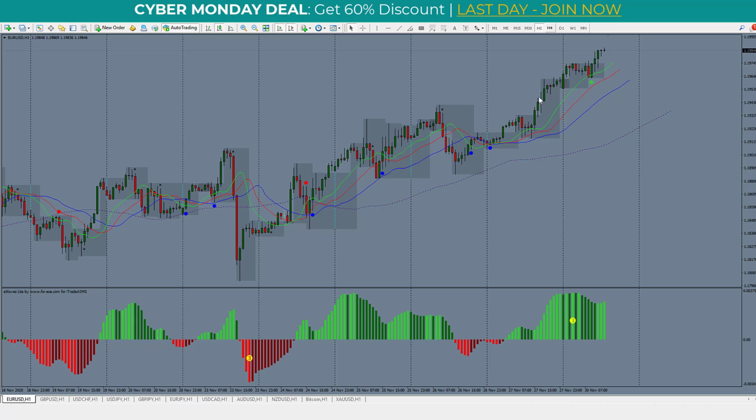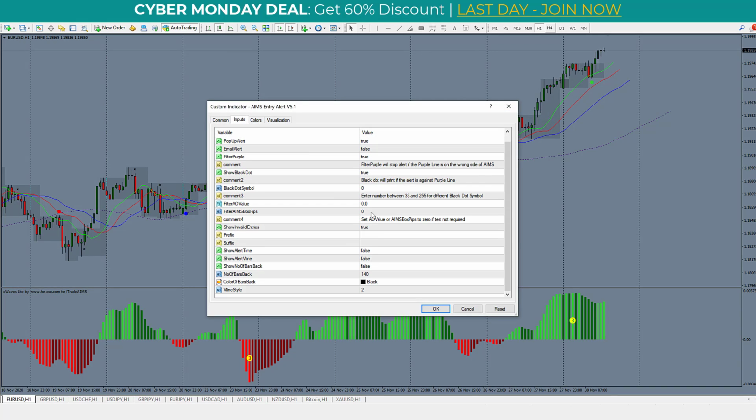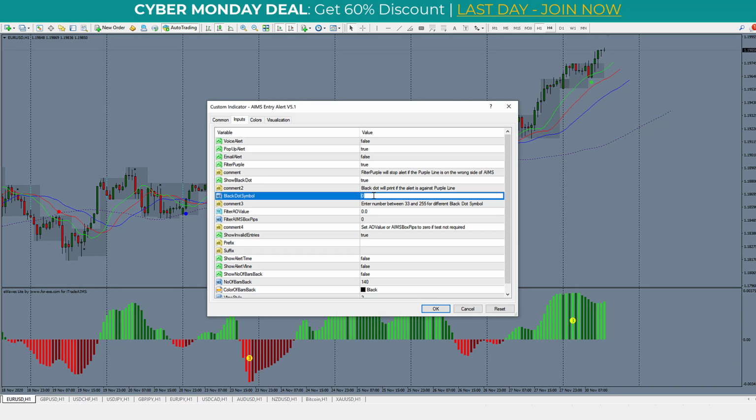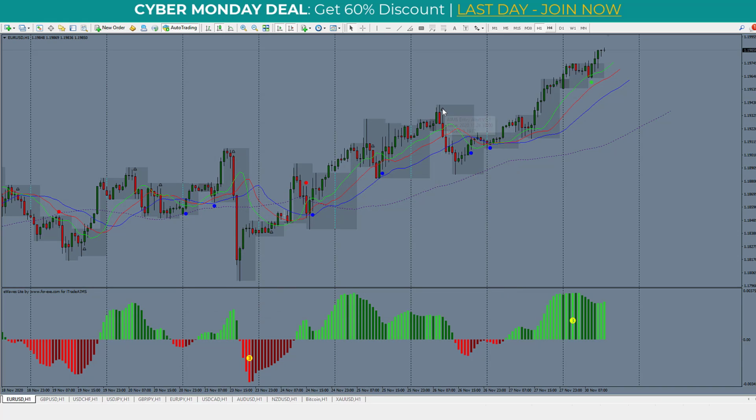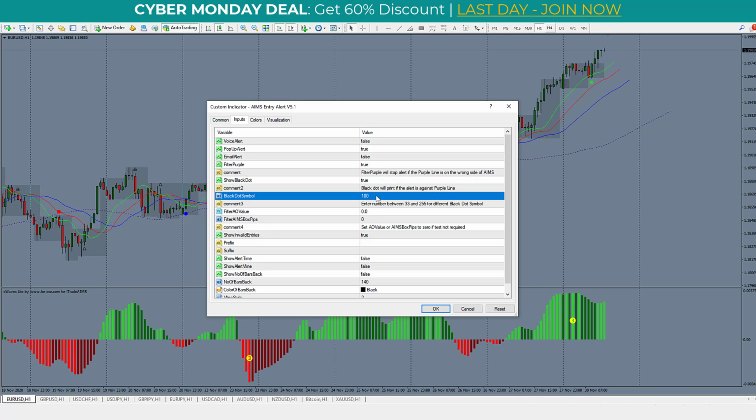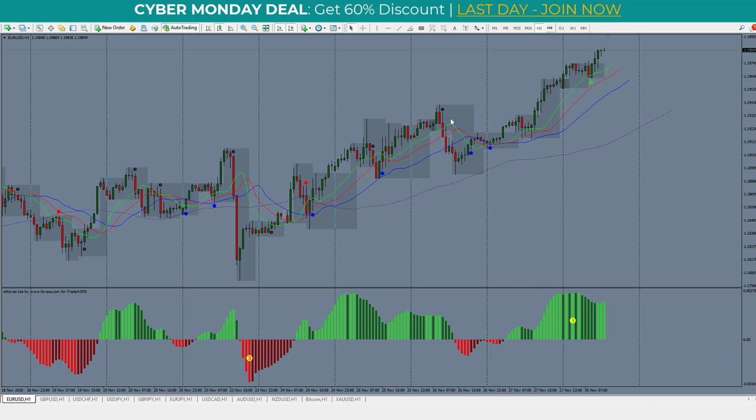So if you're long on a black dot or a diamond dot, which is set up over here, I've used 0 for it, so it comes across. Otherwise, you can have any other symbol for it, whatever you like. Wingding 141, whatever it is. So this would be your black dot based on this.